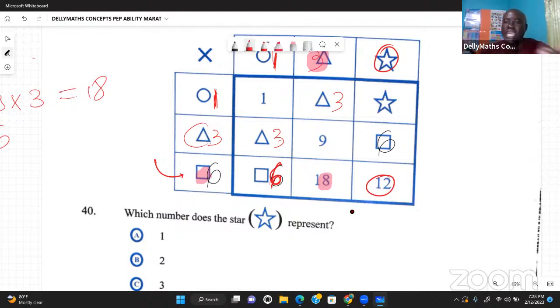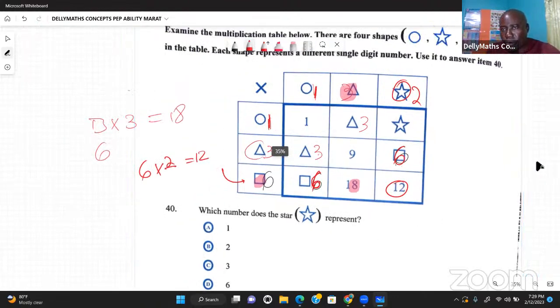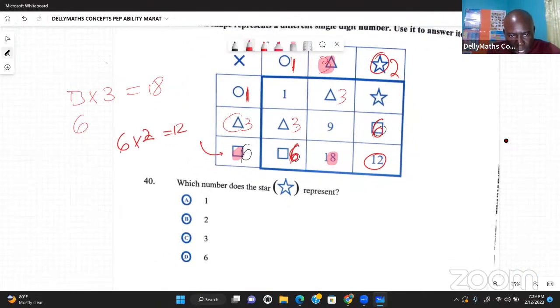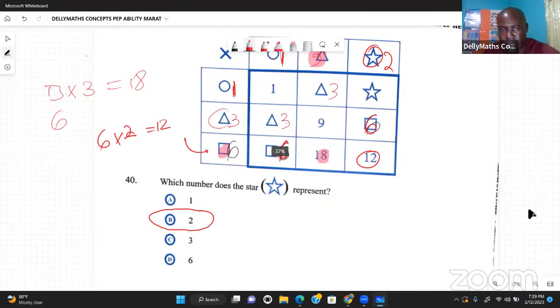So you're going to have to fill out the table, go right across until you reach: 6 times what gives me 12? 6 times blank equals 12. Blank is 2. That means star is 2. All right? Star is 2 right there. So we're going to be picking our 2 for the star. If you pick B, you are right on spot. Spot on correct right there.